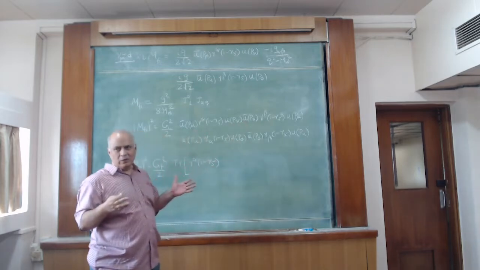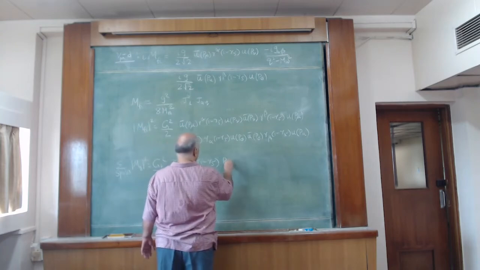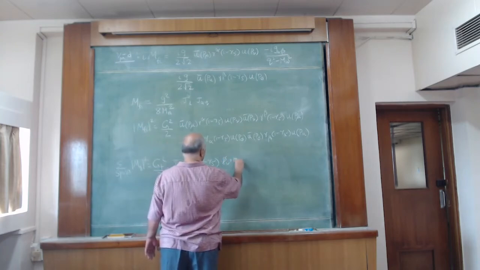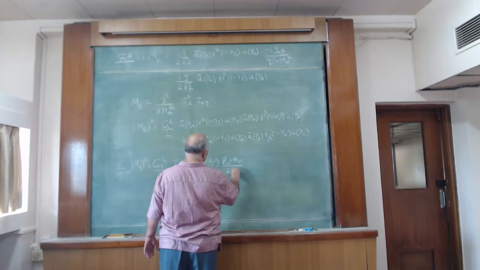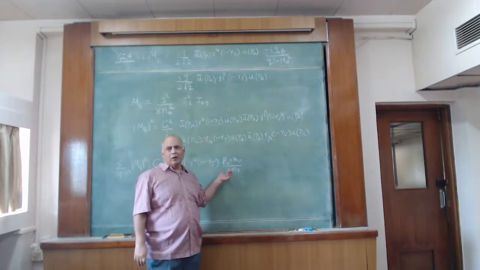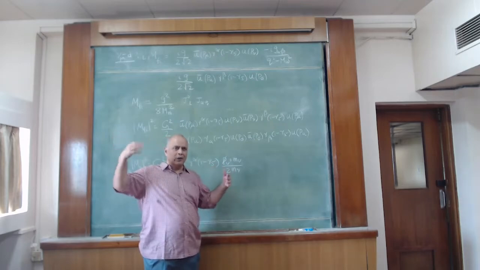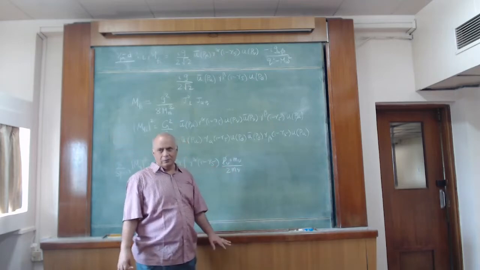When I sum over the spins, I get P nu slash plus M nu by 2M nu. This 2M nu is there purely for normalization. It will cancel out in the final formula for the cross section.